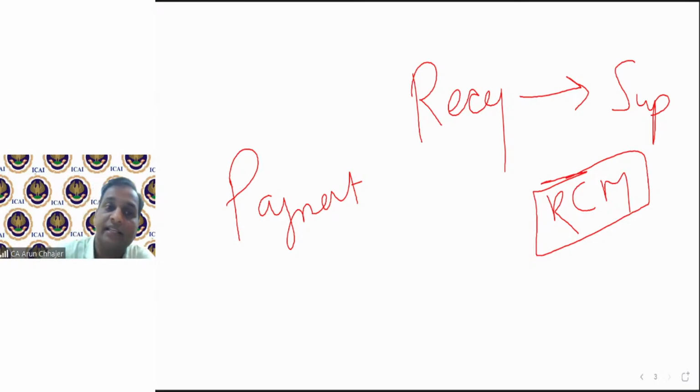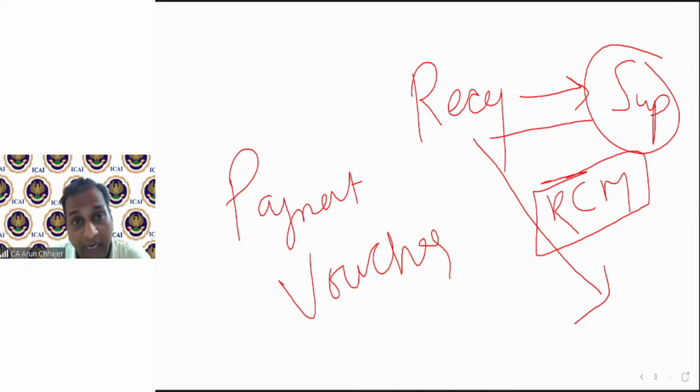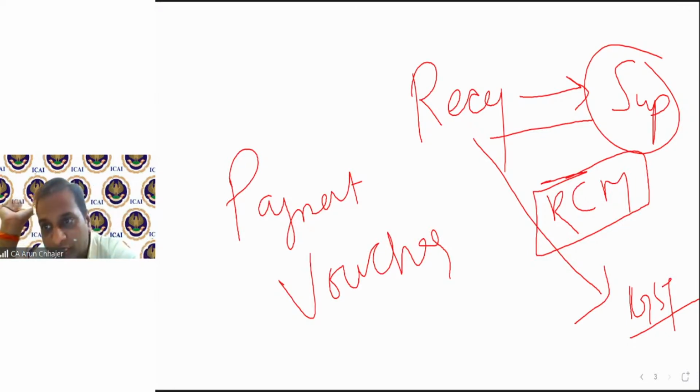Because in the GST, the payment voucher means the payment made by the recipient to the supplier for RCM supplies. Here, one more confusion may arise, that you may say the voucher is to be made when the recipient makes the GST payment to the government? No. It will be made only when the recipient makes the payment to the supplier for the RCM transaction. I hope it is clear.